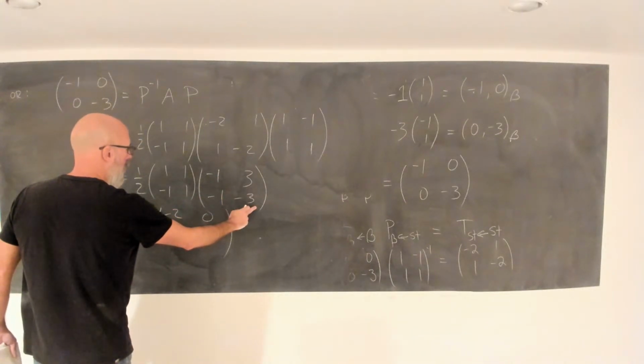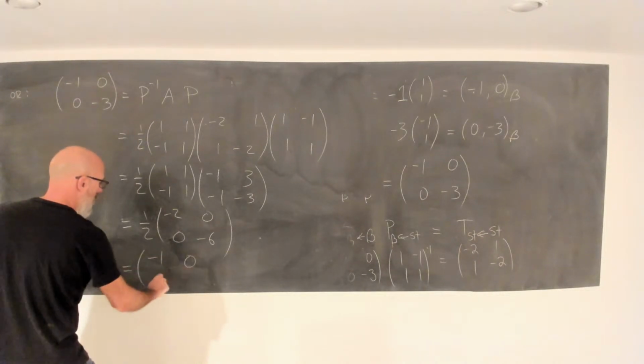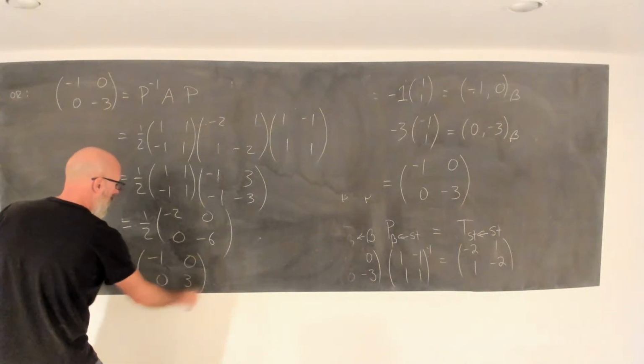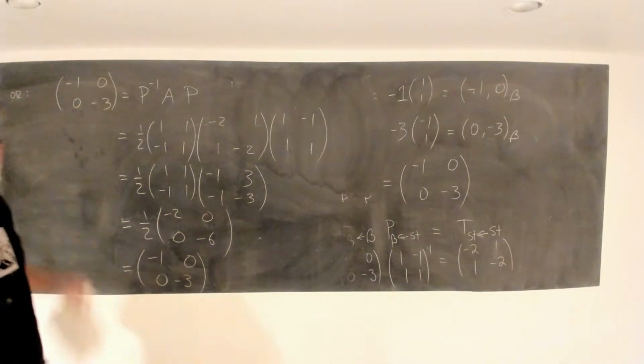And -3 minus 3 is -6. Or -1, 0, 0, -3. Exactly as expected.